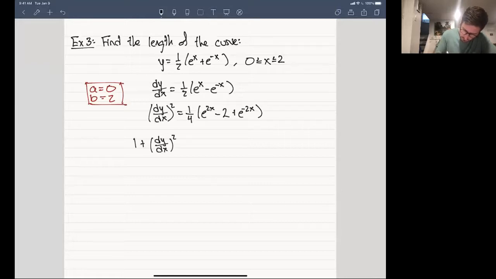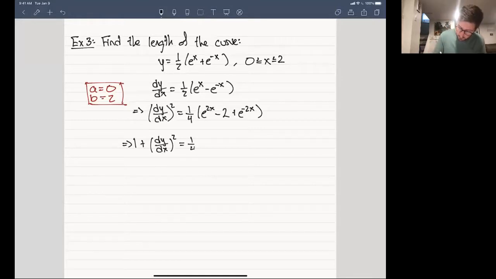so maybe we should put some implies here just so that we can follow our line of logic. If I add 1 to this thing, you notice that there's a factor of 1/4 out front here. So I want to put the 1/4 in front of everything. 1 is the same as 4 over 4. So that is essentially, in the middle term, going to be minus 2 plus 4.